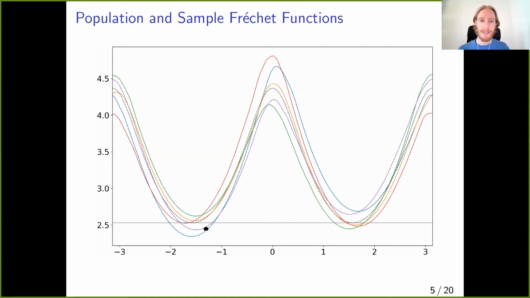And so we see the sample Fréchet functions are fairly close to the population Fréchet function, which is quite nice. However, we see here the blue and purple sample Fréchet functions have their global minimum near minus pi half, whereas the red, orange, and green ones have their local minima near plus pi half. So they actually have only local minima near the corresponding other population minimum.